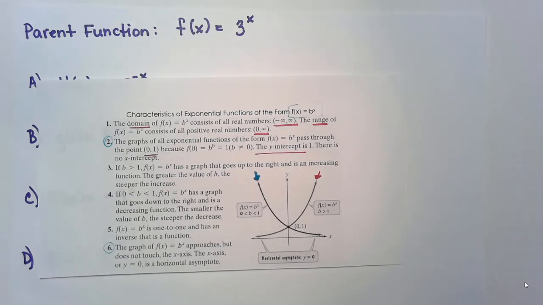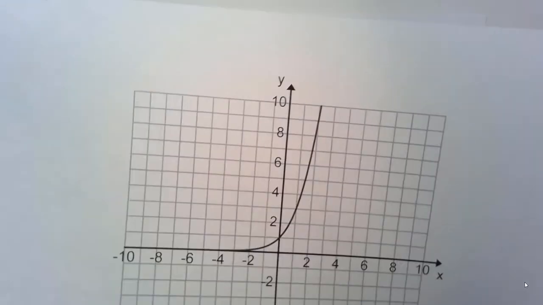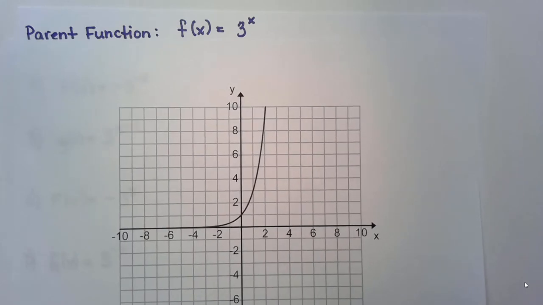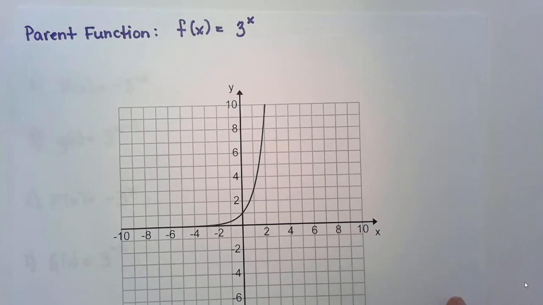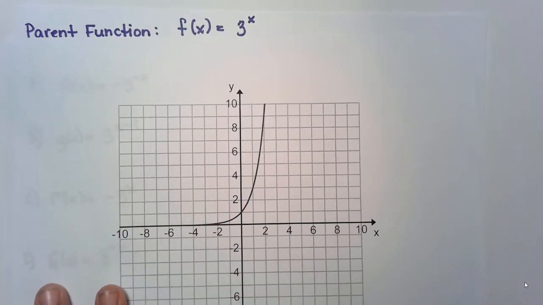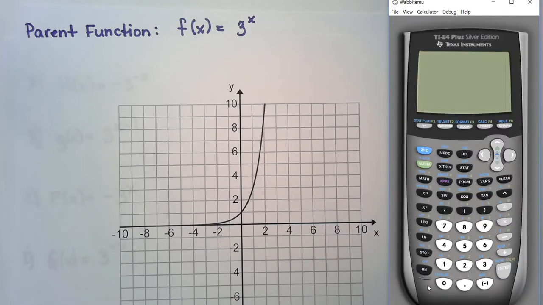So this is our graph of f of x is equal to 3 to the x power. Now if you want to, you can create an xy table. And better yet, we can even put this information into our graphing calculator just so that we can see.